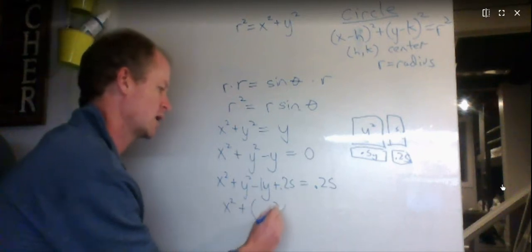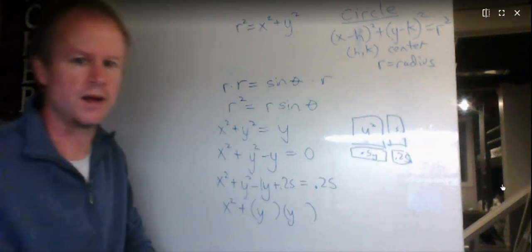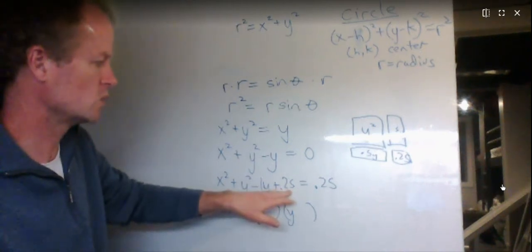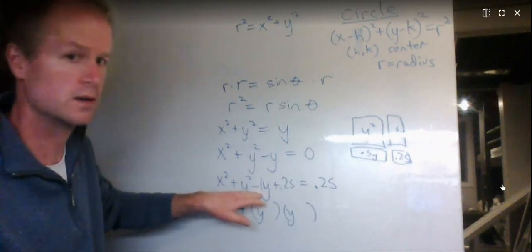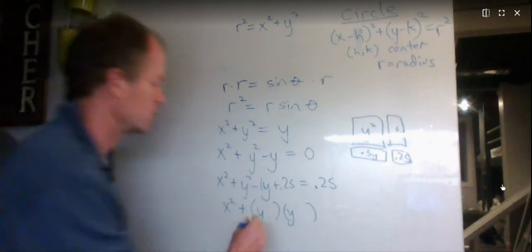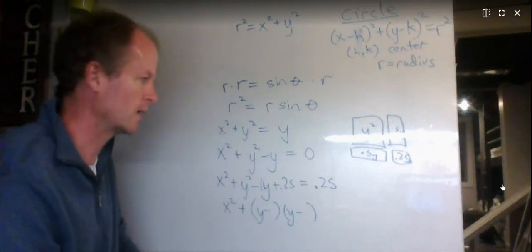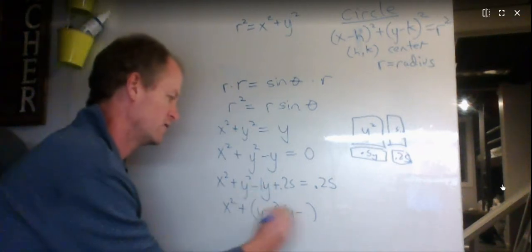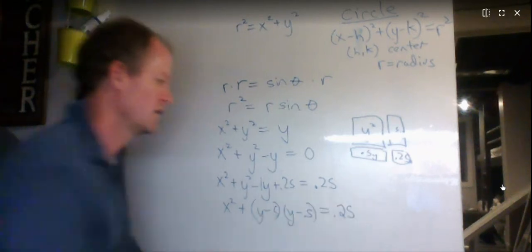I want to think about, okay, this must be y times y, and then what times what gives you 0.25 and adds to give you -1. So since it's -1, it's got to be minus and minus. It's got to be the same number. It's a perfect square. So it's 0.5 and 0.5. Okay, and that's 0.25.